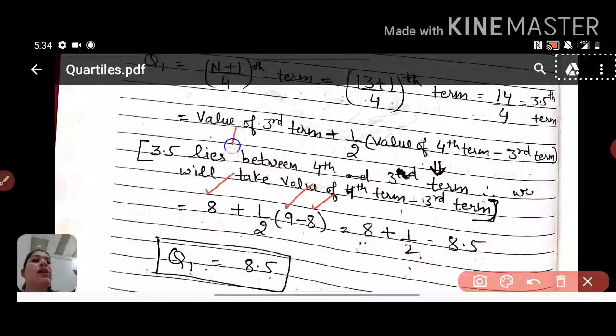In this way you have to solve it: 8 plus 1 by 2 times (9 minus 8), so it will come 8.5. So quartile 1 will be 8.5.